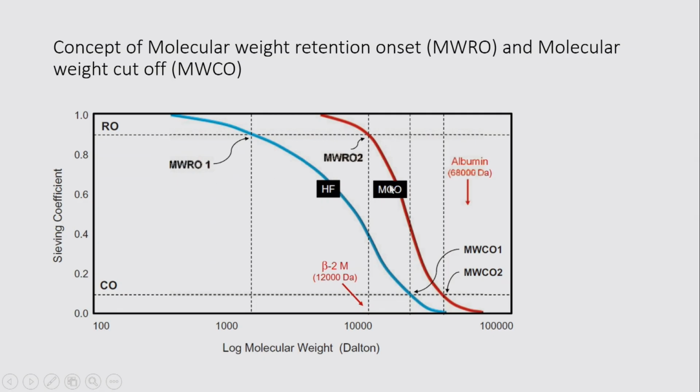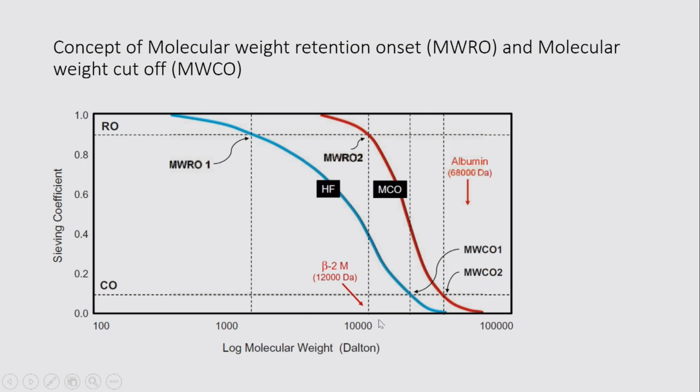But for medium cutoff membranes, this retention onset starts at more than 10,000 or about 12,000 daltons of molecular weight. So this means that medium cutoff membranes will completely remove large middle molecules up to a weight of 12,000 or almost up to 15,000 daltons.